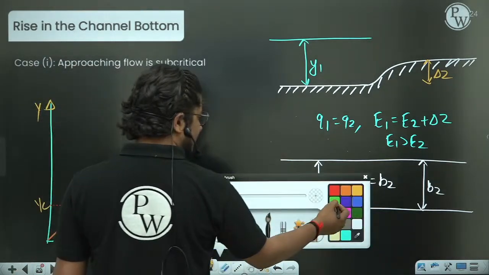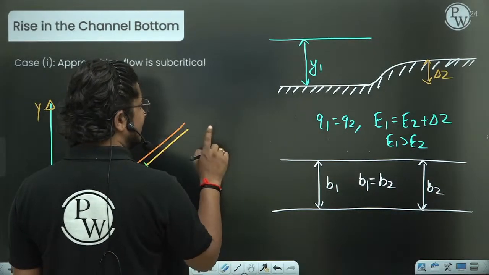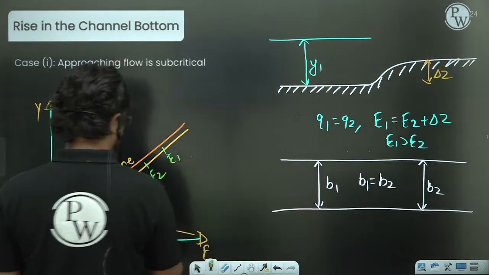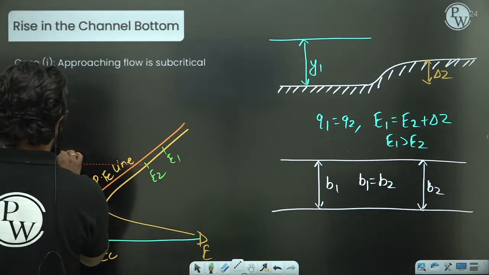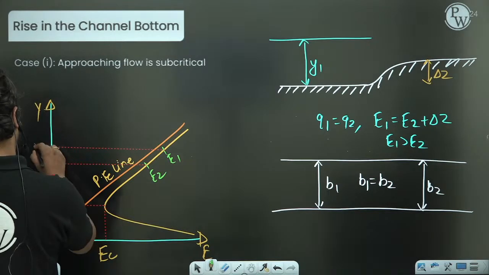So here E1 is greater than E2, so E2 will be here and E1 will be here. So here you are getting Y2, here you are getting Y1.